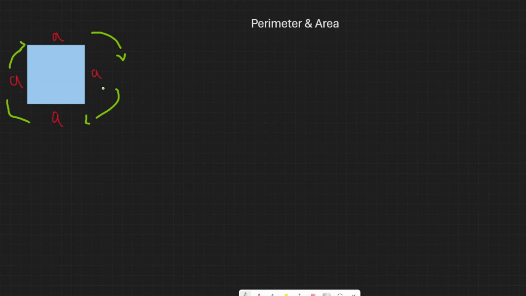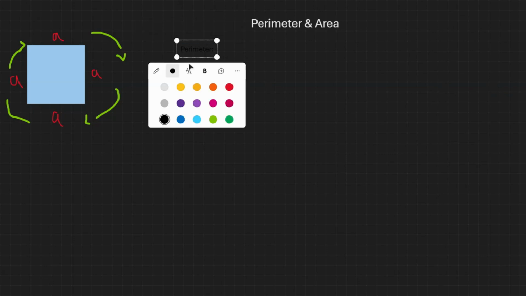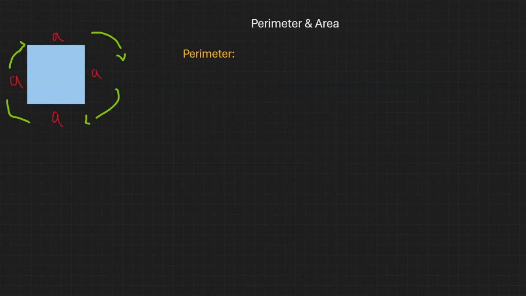So basically if we add the length of all the sides, we can calculate the perimeter. So again, the perimeter here is equal to A plus A plus A plus A, and it's not only for a square, basically for any shape, the perimeter is equal to the addition of all the surrounding sides.